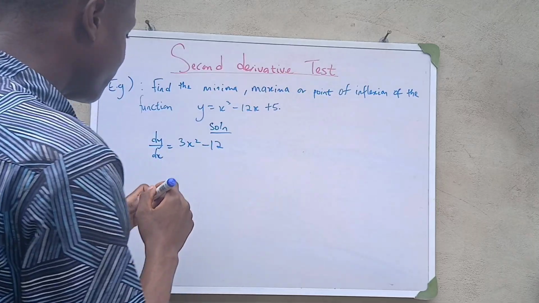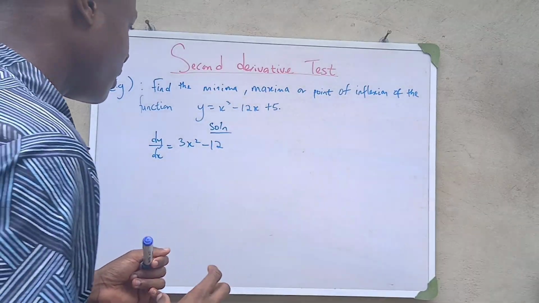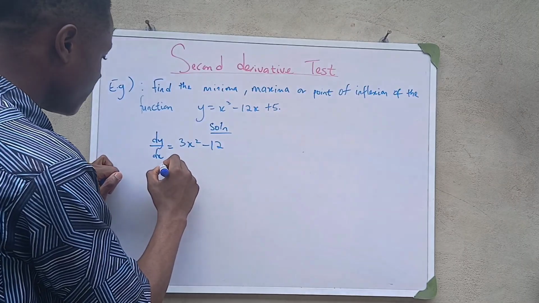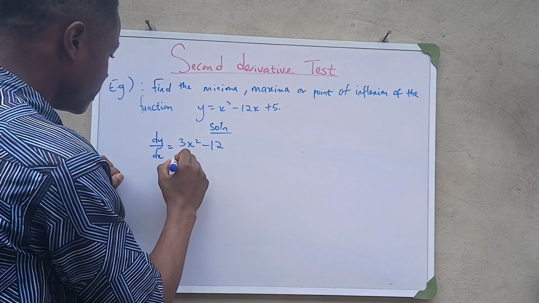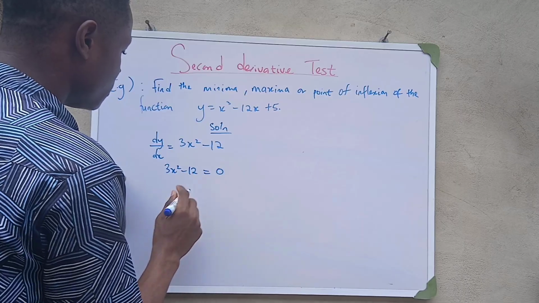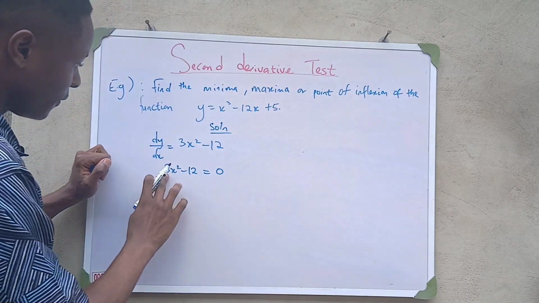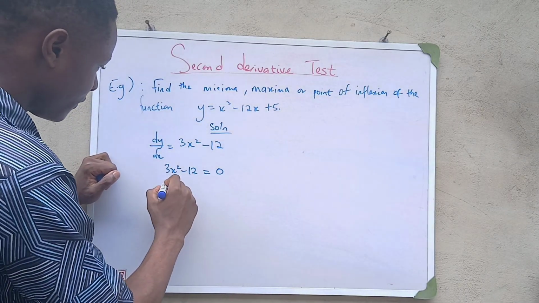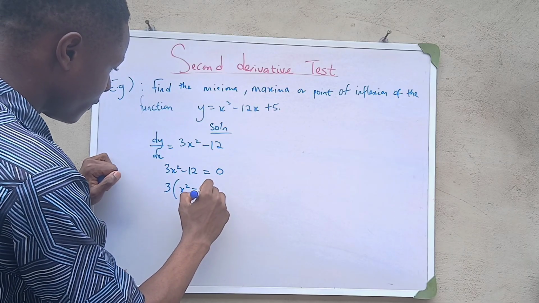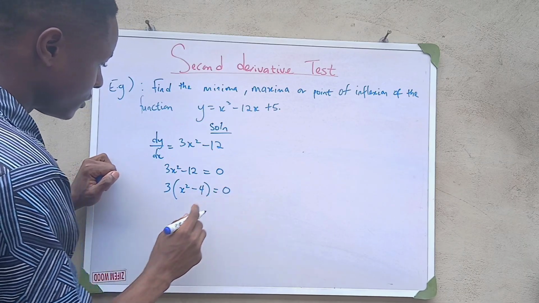We equate dy/dx to 0 to find our turning point. So we have 3x squared minus 12 equals 0. Factorizing this, we have 3 into x squared minus 4 equals 0.